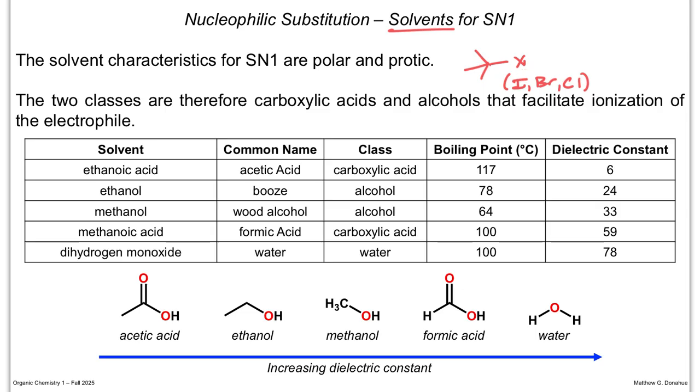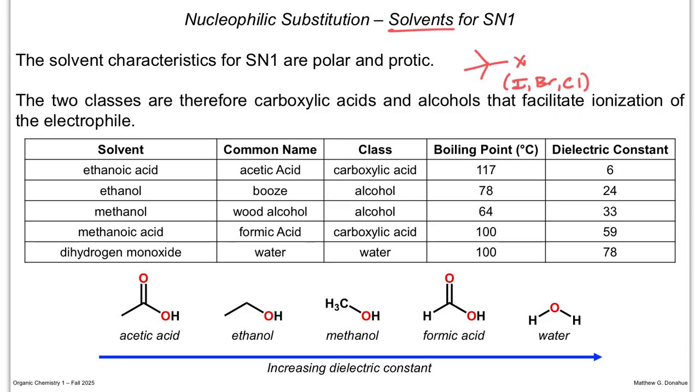So you can have tertiary alcohols that are good substrates for SN1. Again, the arrow pushing is a little bit different. In that case, the OH group can leave, where in SN2 it can't, because the mechanism is different.